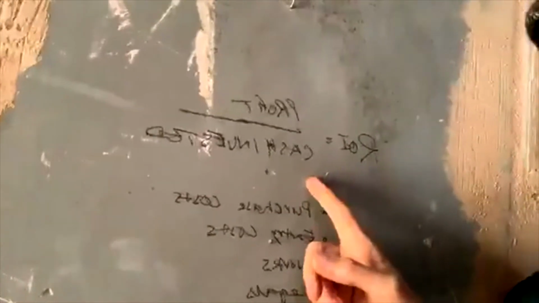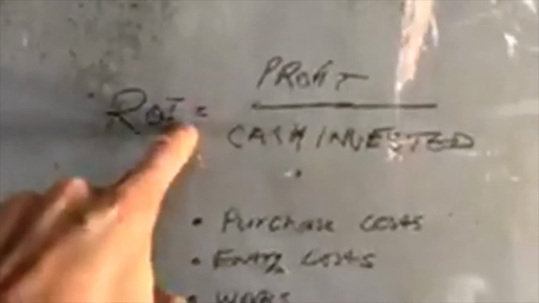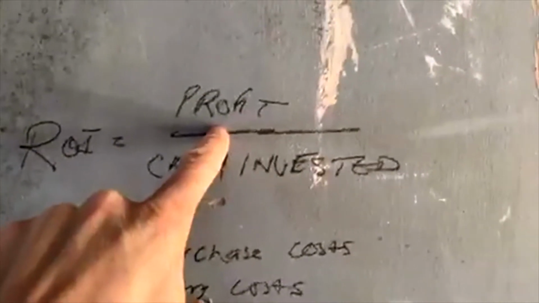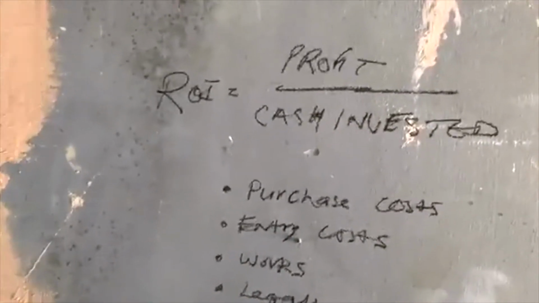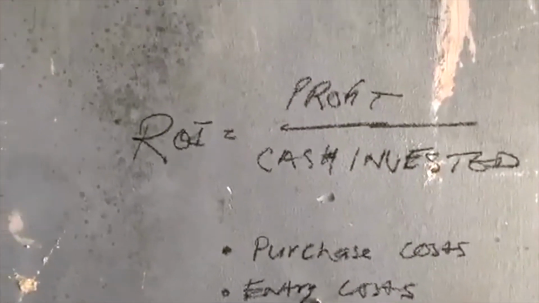I borrowed a pen from one of the carpenters upstairs, and I've drawn this on the wall here. Now it might be in reverse because we're on selfie mode, so let's switch this round. Right, so return on investment is equal to the profit that you made divided by the cash invested. Typically it's calculated on an annual basis.